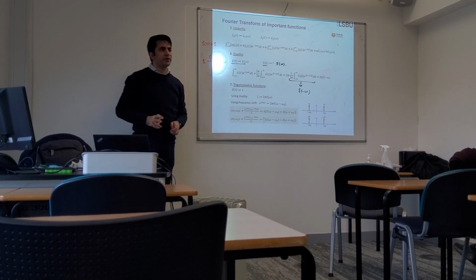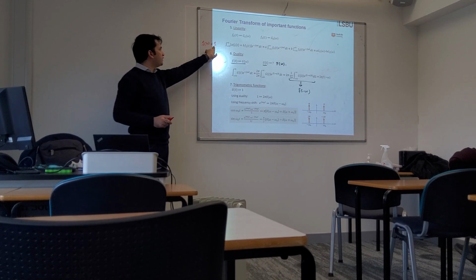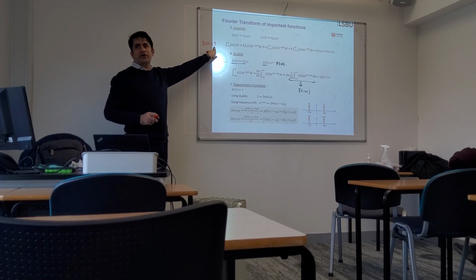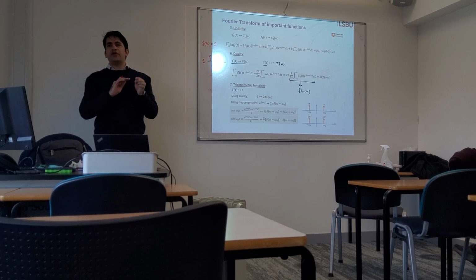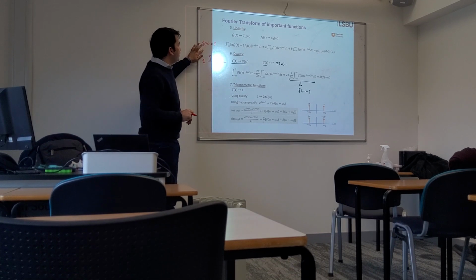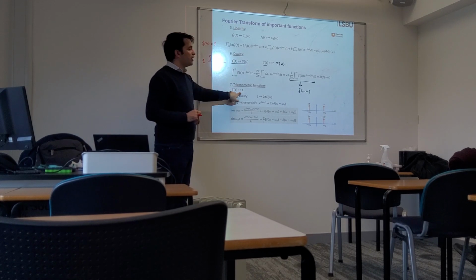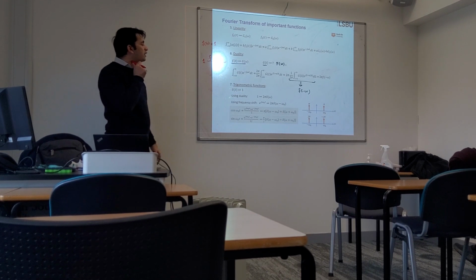Otherwise, if you directly want to find the Fourier transform for 1, you will not be able to find it using the formula, because you will get minus infinity to plus infinity. But here we take help from duality to find the Fourier transform for 1.